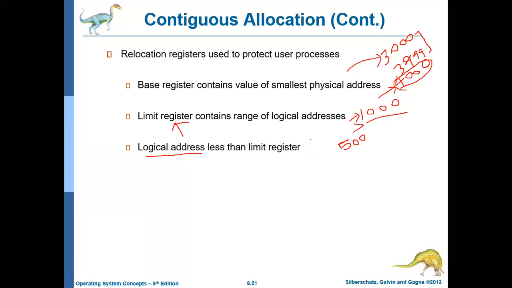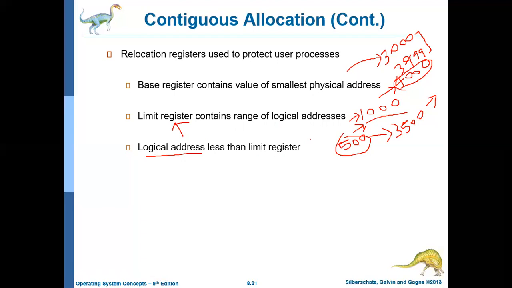Yes, 500 is less, so it will be allowed to access. But before allowing access, this 500 will be added with the content of the base register, which is 3000. So the resultant address will be the physical address, 3500. Now the CPU will be allowed to access location 3500.